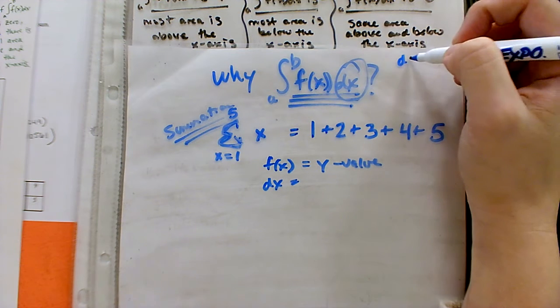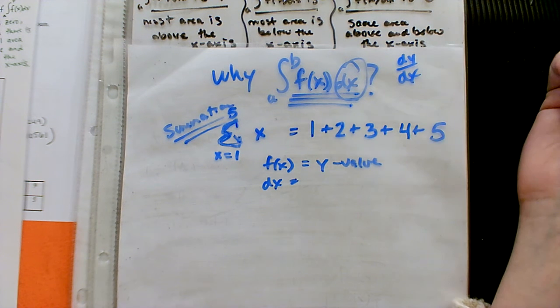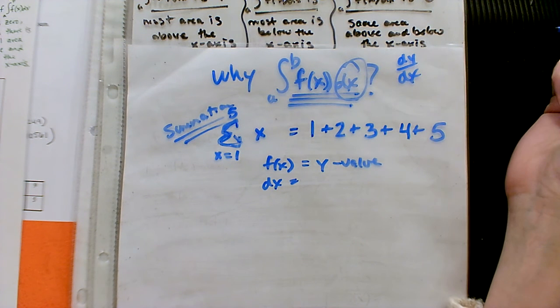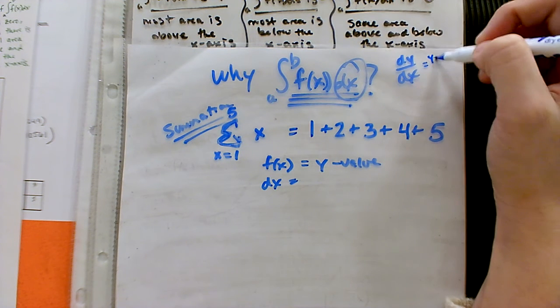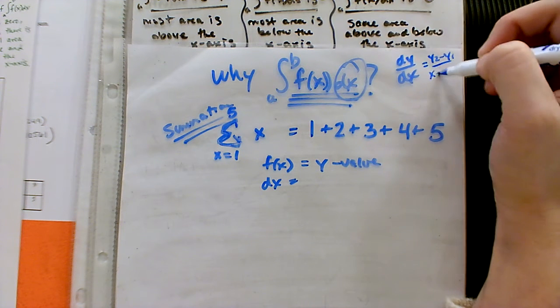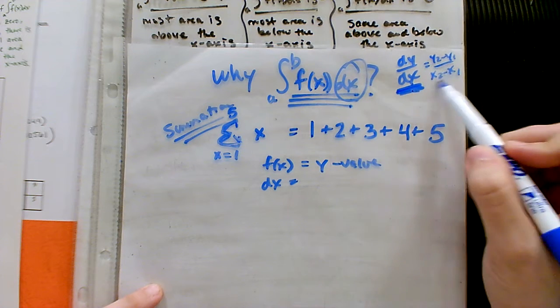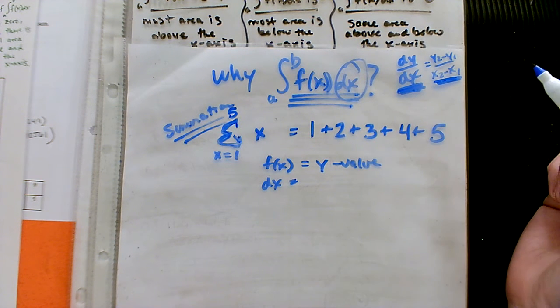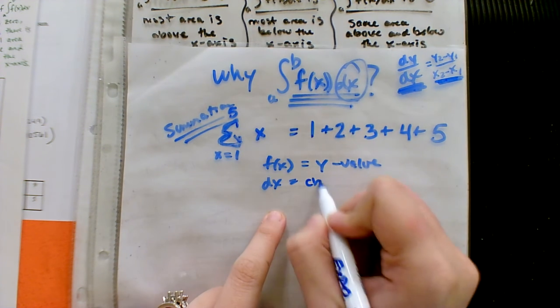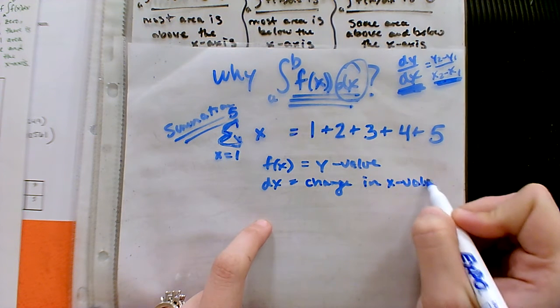Okay, we've seen dx by using this derivative notation, right? And derivative means slope. So you can also think about this as y2 minus y1 over x2 minus x1. So the dx is representing some change, small or big, between x values. Okay, so dx is a change in x value.